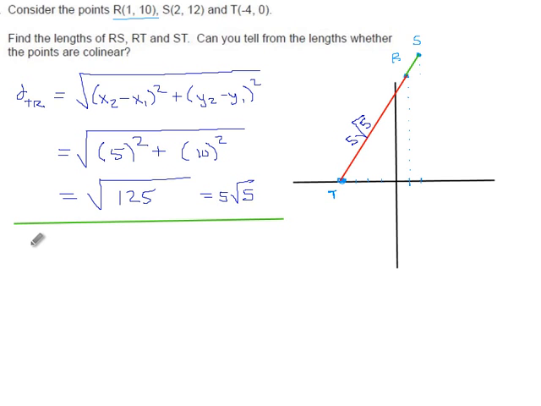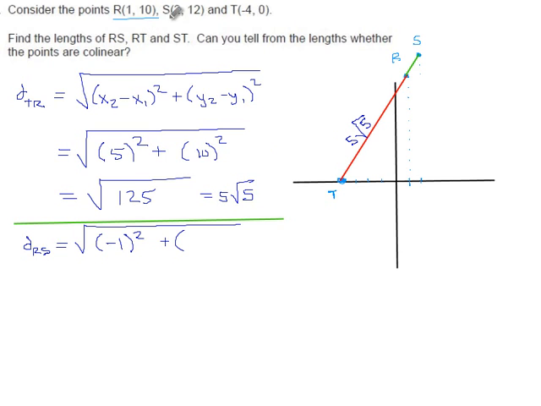The distance from R to S is, these two now. The difference in the x coordinates is 1 minus 2. And if you feel like leaving this negative sign off, go ahead. It's going to vanish anyway when we square this. So keeping positive or negative signs in this context is not terribly important.